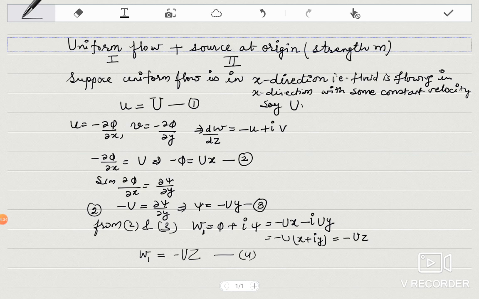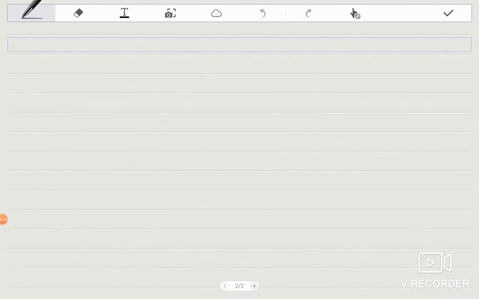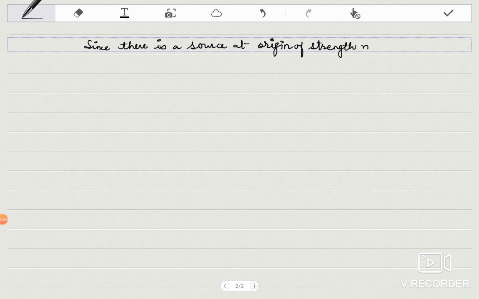Now we come to the second part. In the second part we also have a source at origin of strength m.